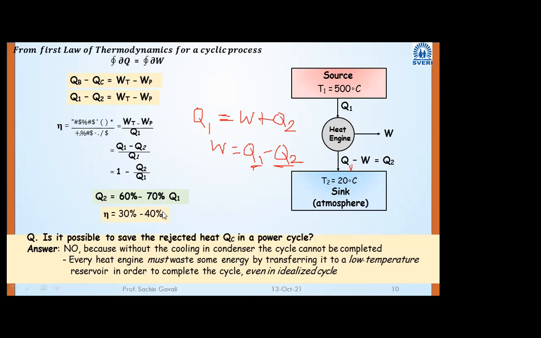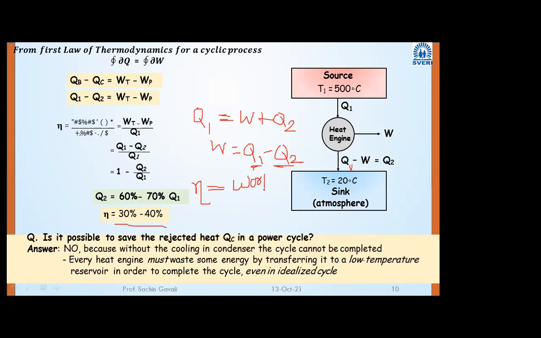The efficiency of a heat engine is always in the form of 30% to 40%. And how do we define efficiency? The symbol for efficiency is eta. Eta is equal to output upon input. What is the output? Work obtained.